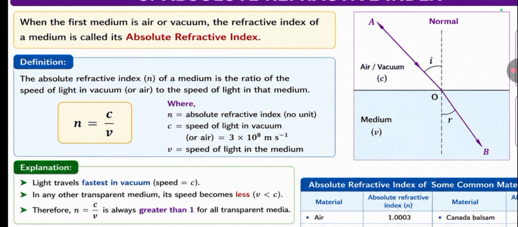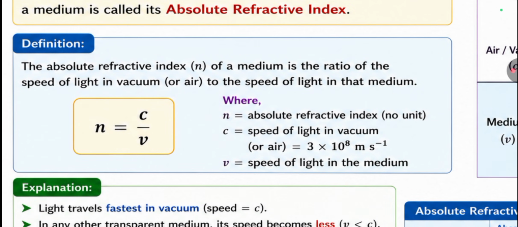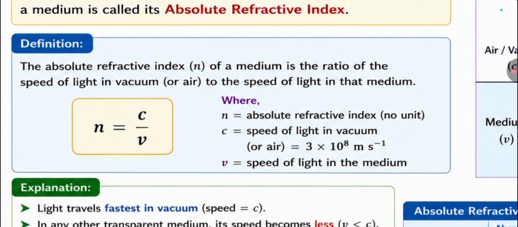The absolute refractive index n of a medium is the ratio of the speed of light in vacuum or air to the speed of light in that medium. So the formula is n is equal to c by v. Here n is the absolute refractive index, it has no units. c is the speed of light in vacuum or air, that is 3 into 10 to the power of 8 meter per second, which is a constant. v is the speed of light in the medium.